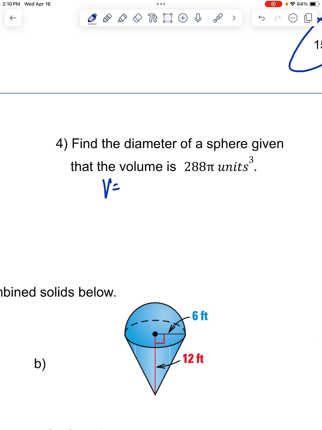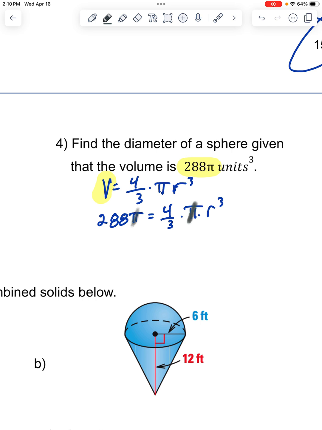Find the diameter given that the volume is 288 pi. So volume is 4/3 pi r cubed. The volume is 288 pi, so that goes into my volume. The pi's are going to cancel each other out.